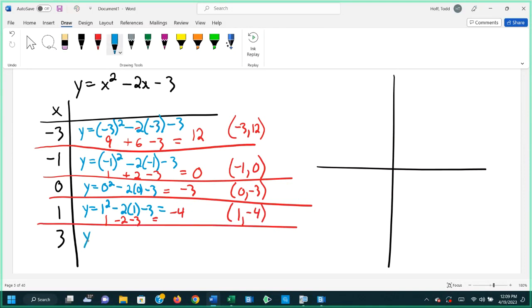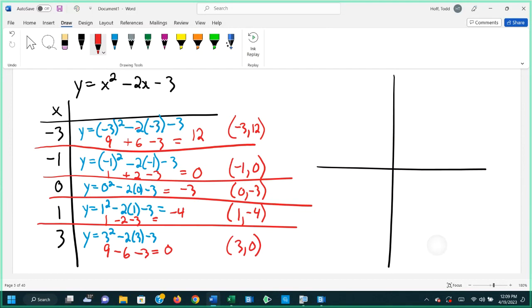And when x is 3, y is equal to 3 squared minus 2 times 3 minus 3. 3 squared is 9. Negative 2 times 3 is negative 6 minus 3. 9 minus 6 is 3 minus 3 is 0. 3, 0. Now, I realize I went pretty fast there calculating through those. I'm assuming you guys can substitute the numbers in and get the values.